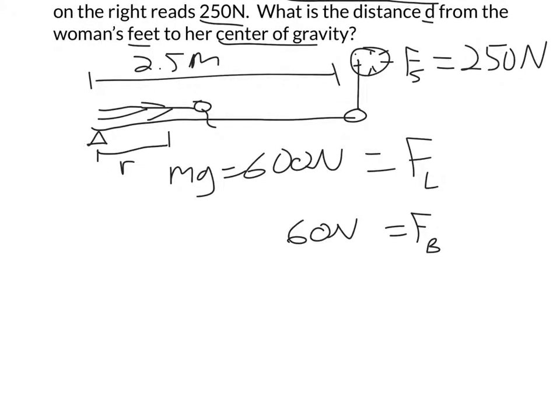So if we draw forces on this, we have the spring force up here, we have the force of the board down here, and we have the force of the lady over here. And those three things have to be in equilibrium because the torque on this has to be 0. Now technically there's also a force up here from the pivot.